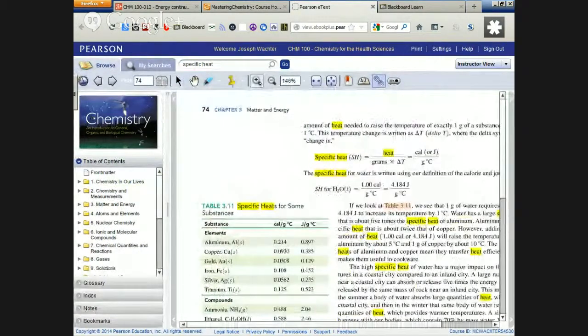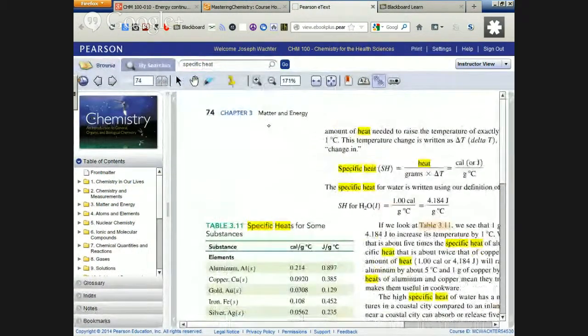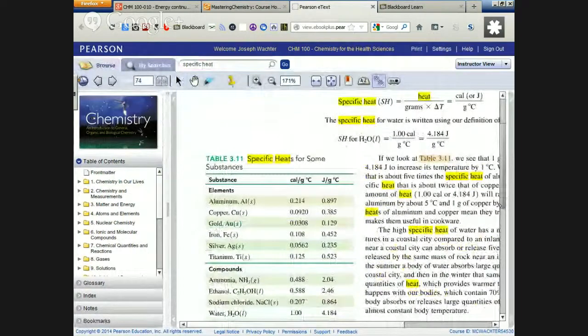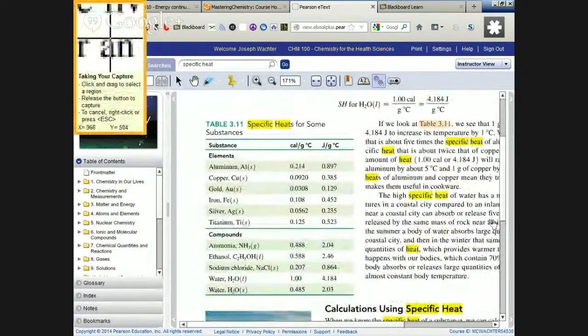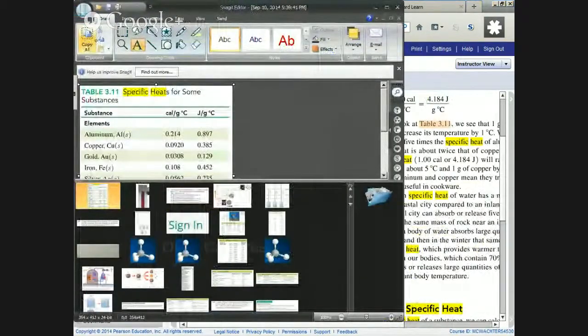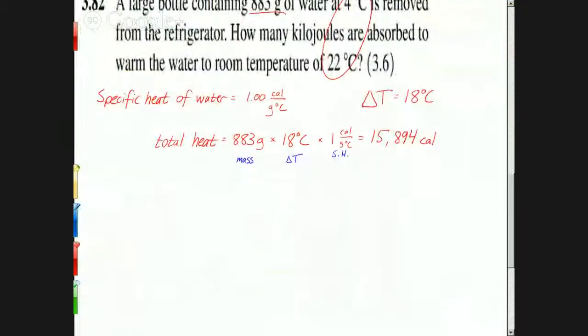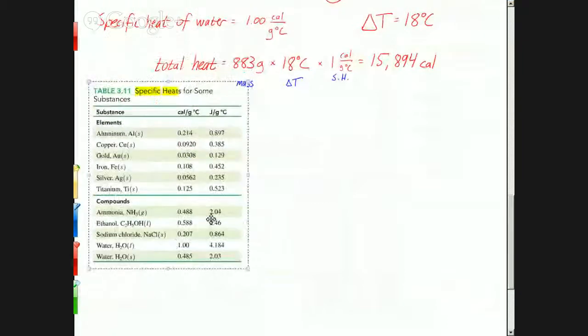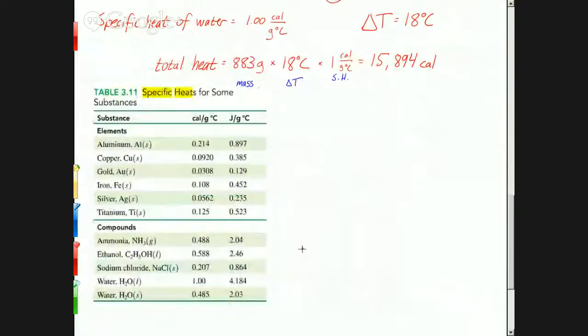Here we go. Okay, let's look at, sorry, thought I had that more readily available.